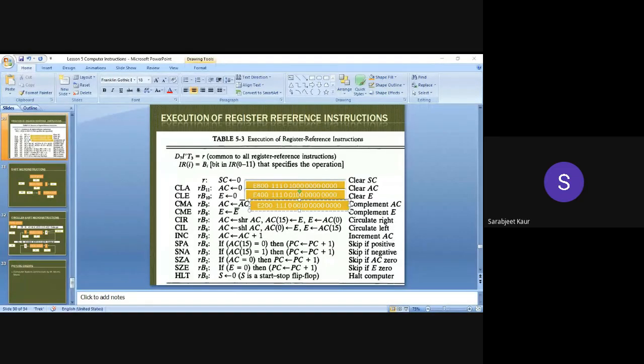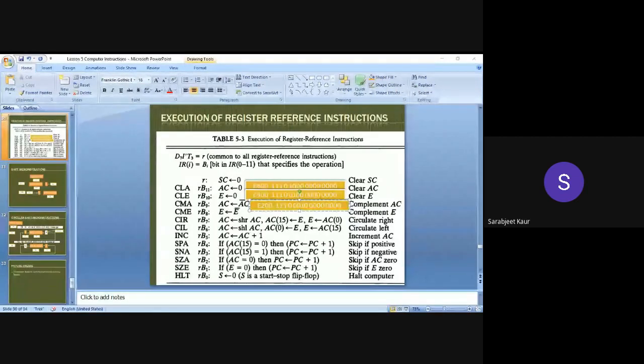Okay, now how to actually skip the next instruction? That means how to not execute the next instruction, that means how to jump over it. How to do that? Now we know that PC holds the address of the next instruction to be executed.